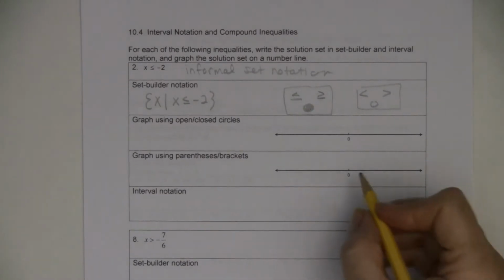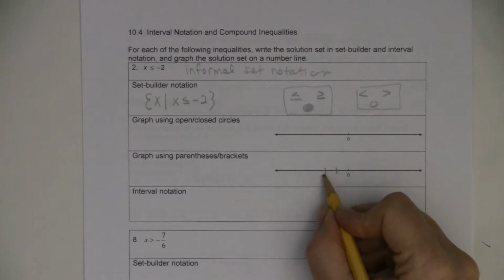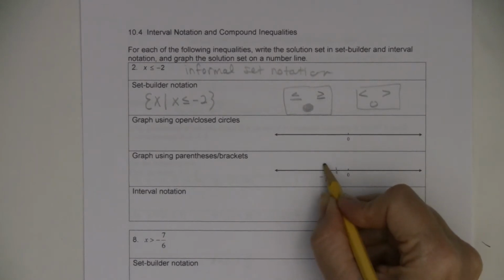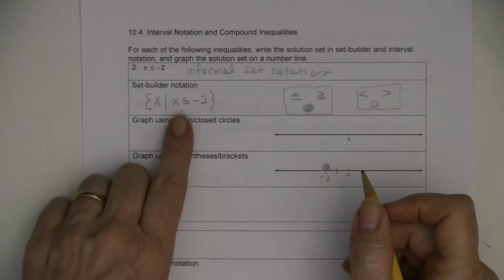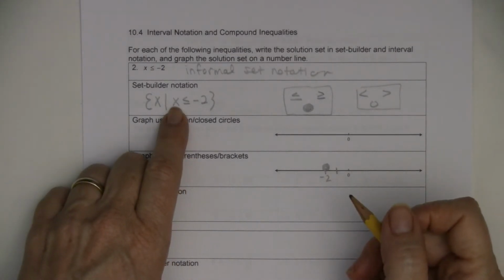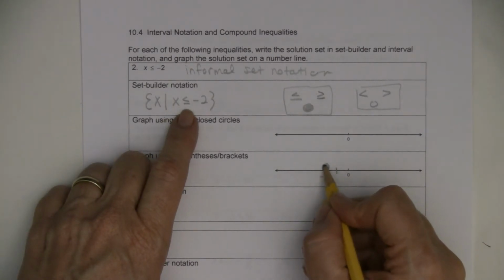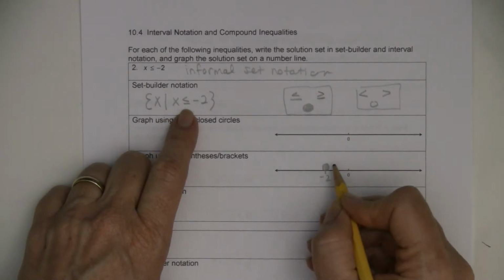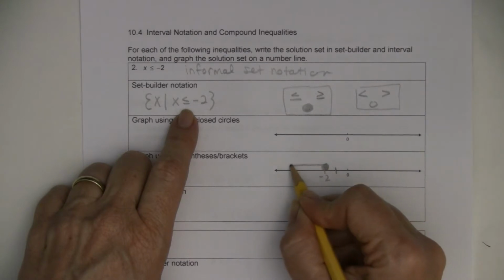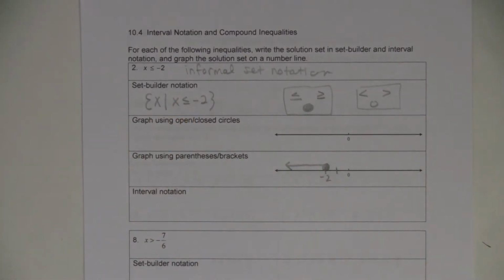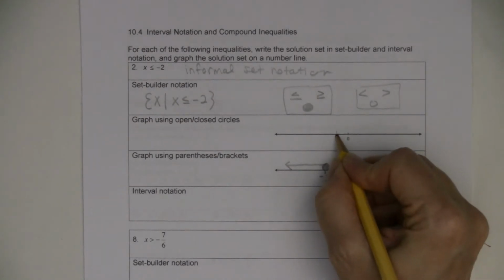And so here I'm going to be on my number line at -2, and I'm going to have a closed circle because it's or equal to. And this says that x, the solutions, are smaller than -2 or equal to -2. So the solid is what made it equal to -2, and then we're going this way to be smaller than -2. Oops, I got on the wrong one here.